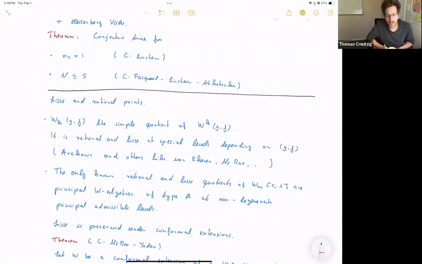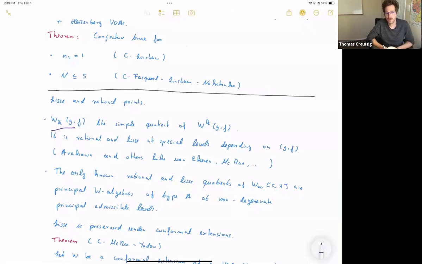Now, if you go back to the conjecture, we would then of course also expect the following. Okay, so now we have our simple W-algebra, which I always denote with a lower index. And now you wonder when is this one C2-cofinite and rational?